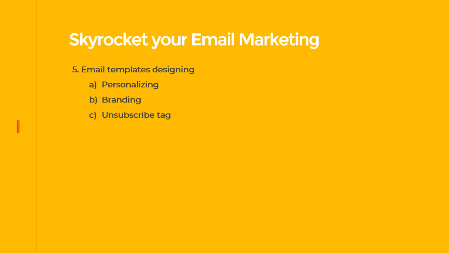So the first name, the industry, the company name, or that kind of information. You need to make sure that you are using these personalization tags inside the email content, so that these tags will be automatically picked from the email list. Branding is very important. You need to make sure that your logo is on the email.